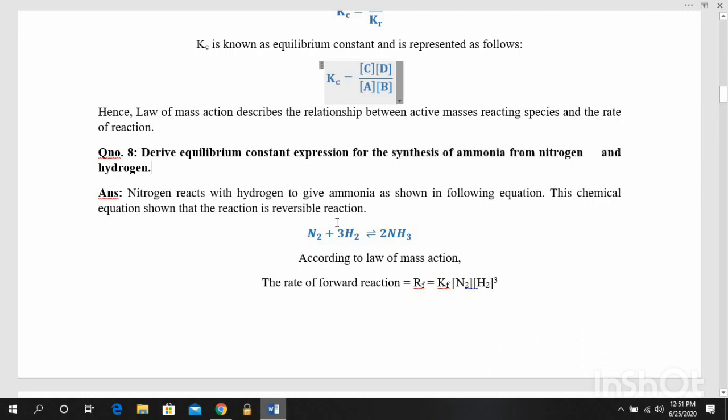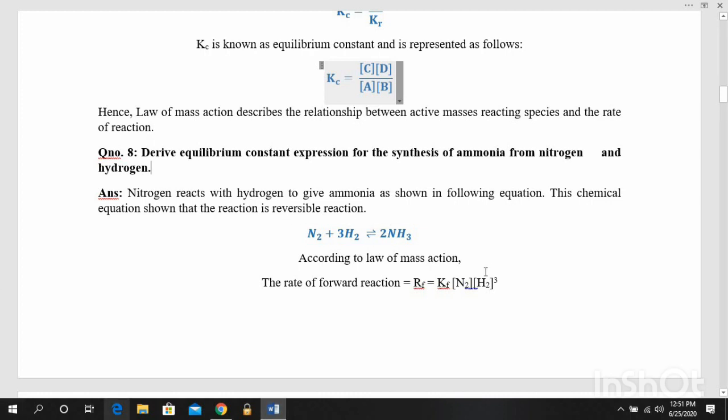Here in the equation you can see that 1 mole of nitrogen and 3 moles of hydrogen combine together to give 2 moles of ammonia, and in return 2 moles of ammonia decompose to give the reactants, nitrogen and hydrogen. This chemical equation shows that the reaction is reversible.